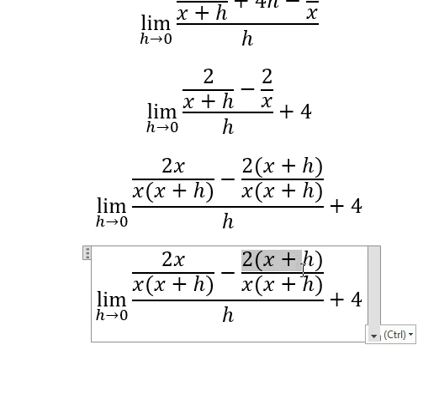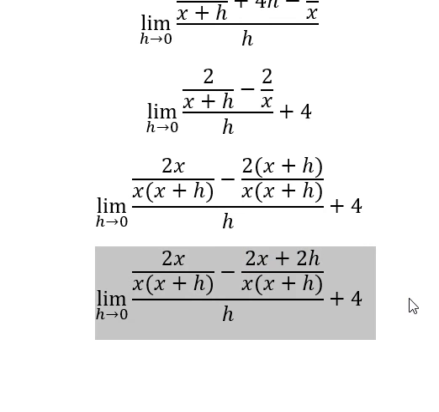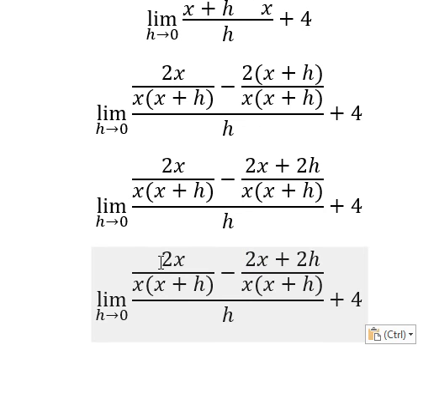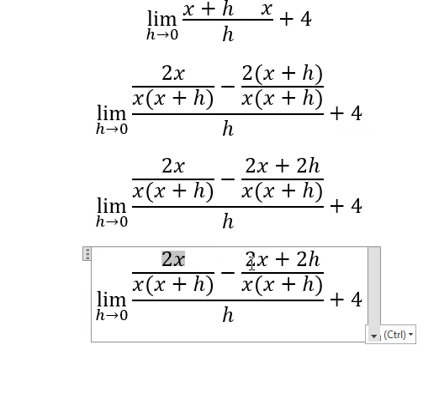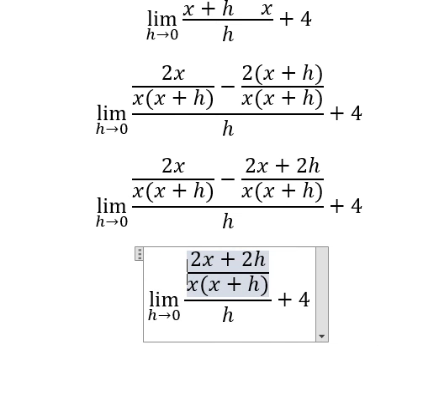So this one we have 2x plus 2h. Next, 2x minus 2x. And now we have like this.